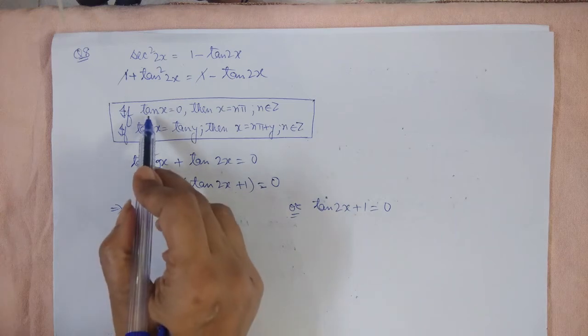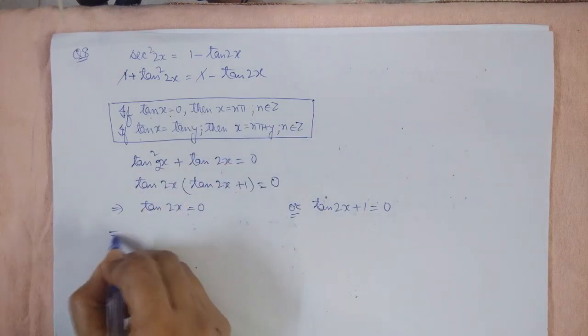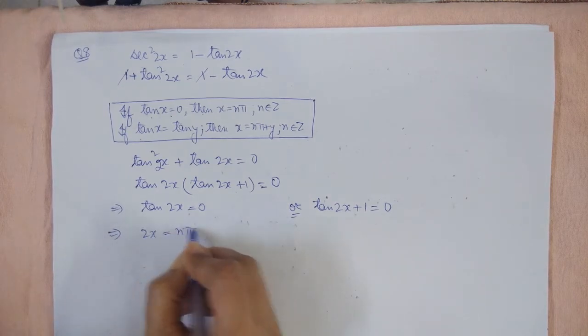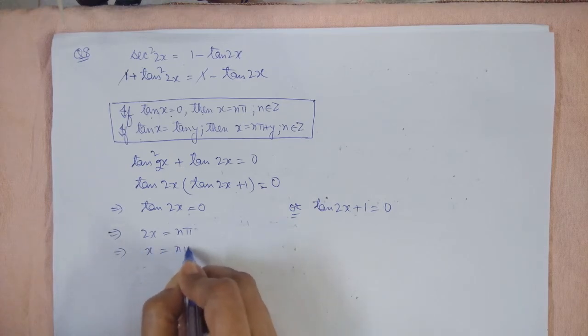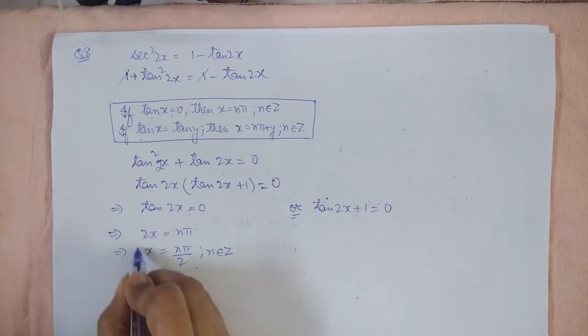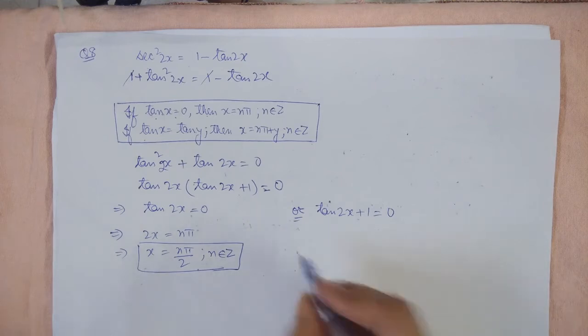Now, the condition: if tan x equals 0, then x equals n pi. So, from here 2x equals n pi and x equals n pi upon 2, where n belongs to Z. So, this is one of the general solutions of question 8.